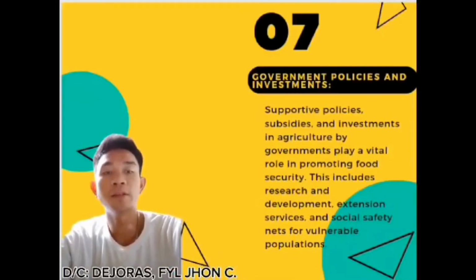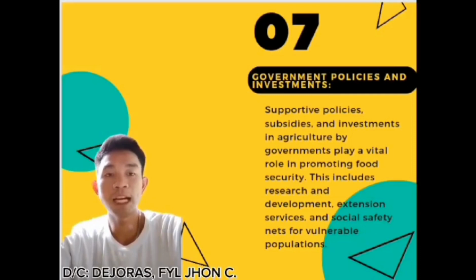Government policy and investment. Supportive policy. So, subsidies and investment in agriculture by government play a vital role in promoting food security. This includes research and development, extension services, and social safety nets for vulnerable populations.